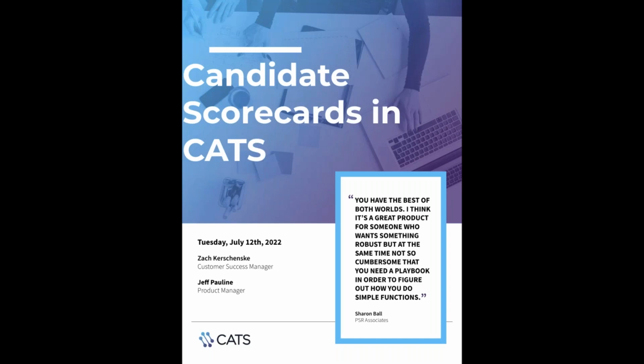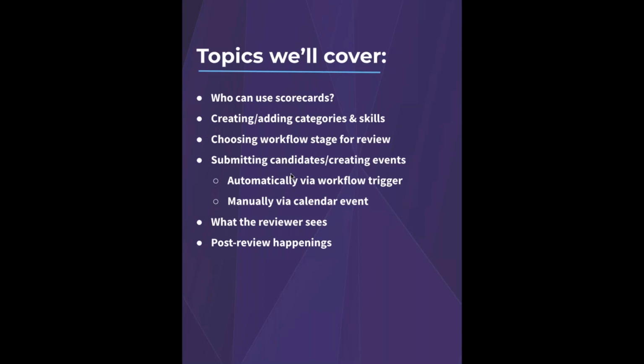With these scorecards, we're going to talk about who can use them, creating them, adding categories and skills within them, and then a couple different ways that you can implement the submittal process and use those scorecards.